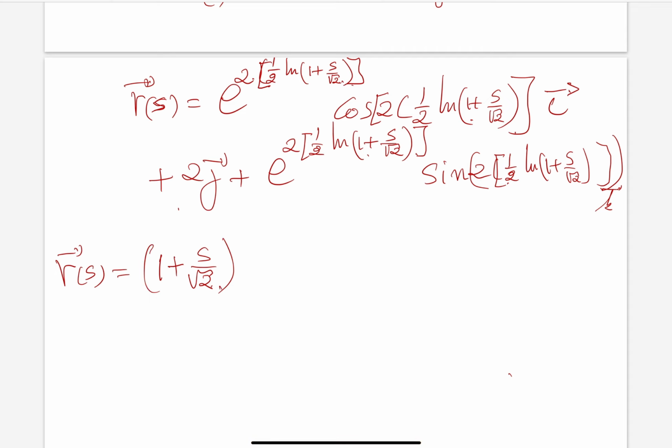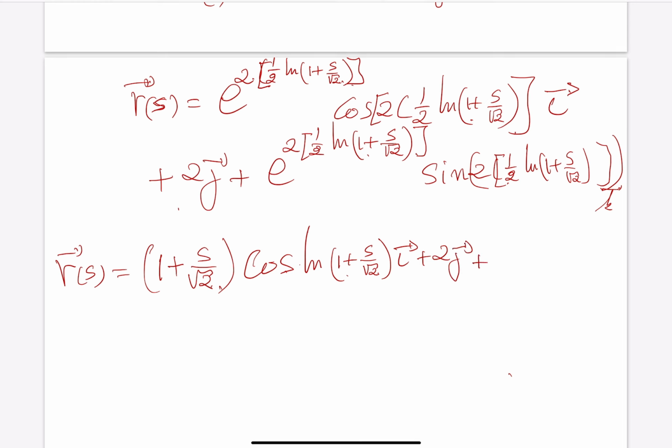If you check the cosine, the 2 will cancel out, and you have cosine of ln of 1 plus s over square root of 2. Now you can write down the i. The next is 2j vector, and this one is the same thing.